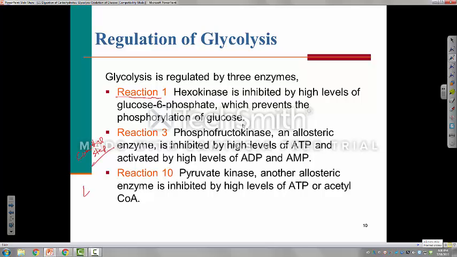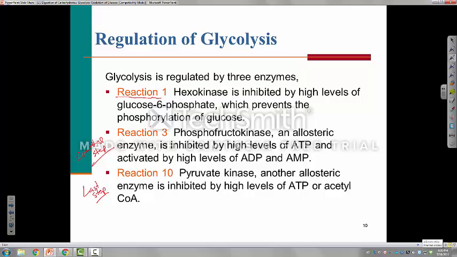And reaction 10, the last step. So if you think about it, we're going to regulate the first step where glucose enters the glycolysis pathway. We're going to regulate the last step where, not really glucose anymore, but where the pyruvate leaves. And then also this third step. I'll talk a little bit about why that is.